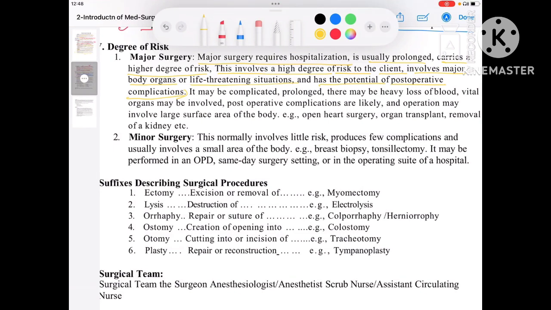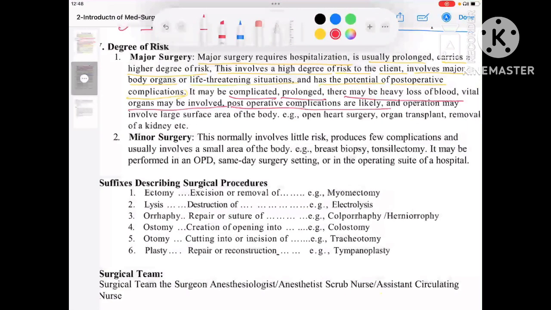It will be a very life-threatening problem. After the surgery, the patient may have complications, and it may be prolonged. There may be heavy blood loss, and vital organs may be involved.